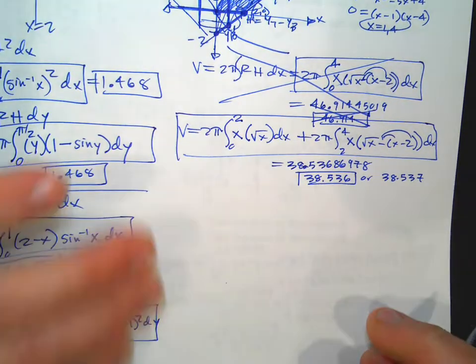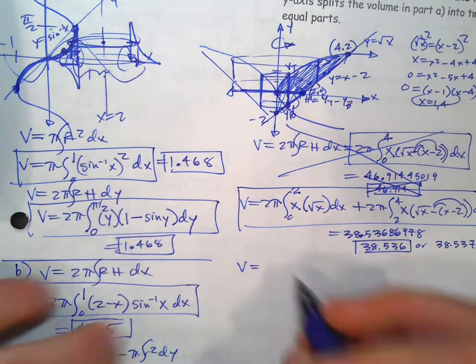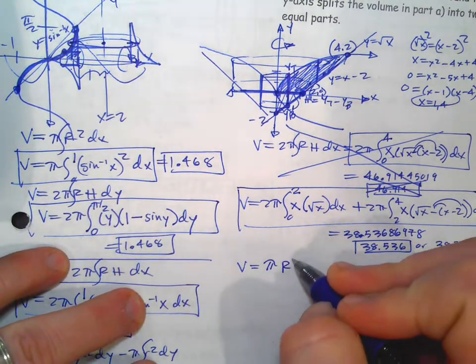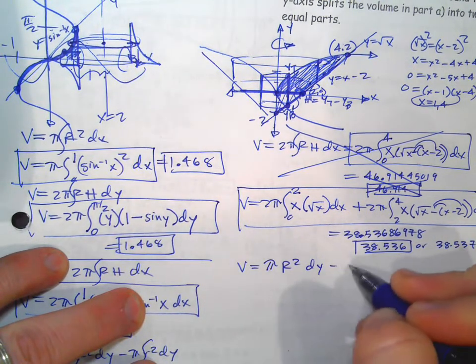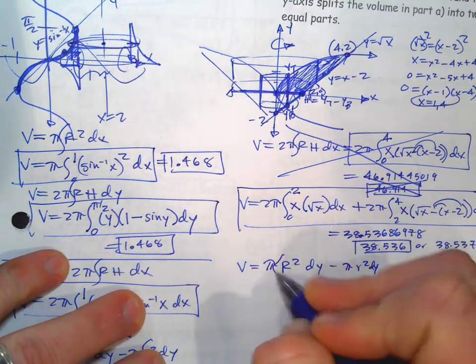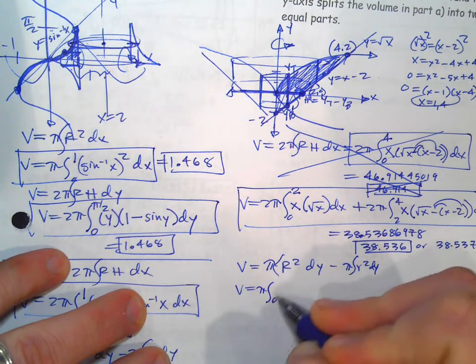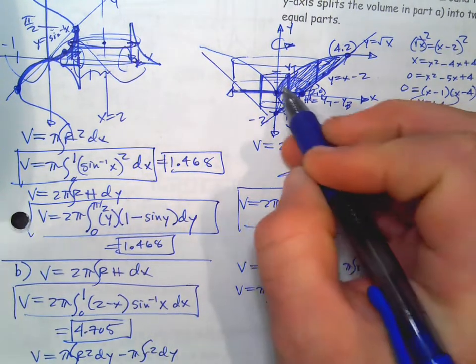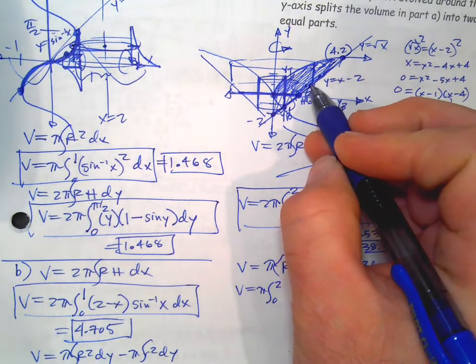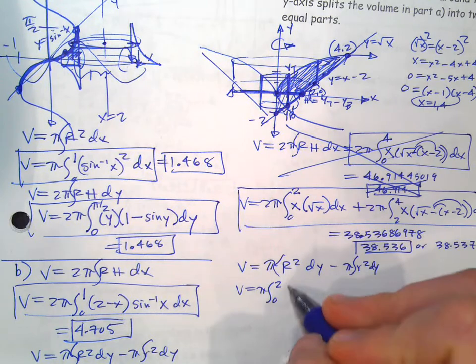We could do the disk washer method here, and this time now with the new drawing, it actually feels better. Pi r squared dy. You're gonna have to do vertical though. Pi little r squared dy. Integrate in the y direction, so it's gonna be 0 to 2. The big radius is going to be the x coordinate here on the right in terms of y, so it's going to be y plus 2.